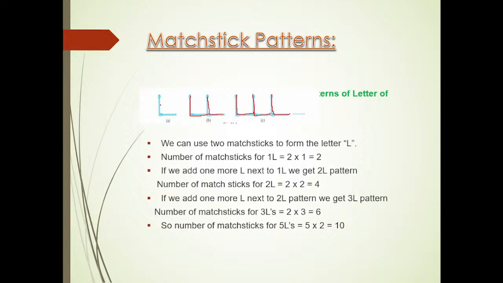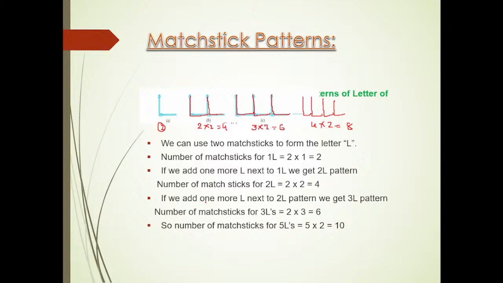For one L we are using two matchsticks, and for forming two L's we are using 2 and 2, total 2 into 2, that is 4 matchsticks. For forming 3 L's we use 3 into 2, that is 6 matchsticks, and so on. If you want to make 4 L's, how many matchsticks do we use? 4 into 2, that is equal to 8 matchsticks.